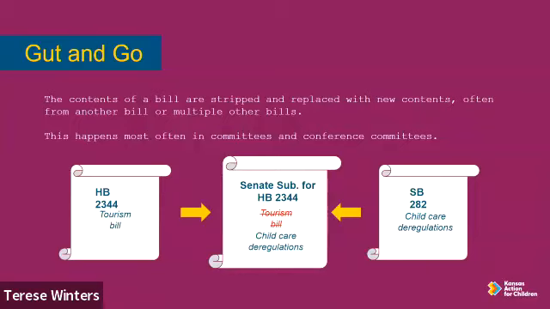An example of this was last year there was a bill, House Bill 2344, that had to do with tourism. It went over to the Senate side, where the Senate stripped the contents of that bill and put the contents of Senate Bill 282 into it, and it became a bill about childcare deregulations. When that happens, the bill title changes to Senate Substitute 4 or House Substitute 4 original bill number.